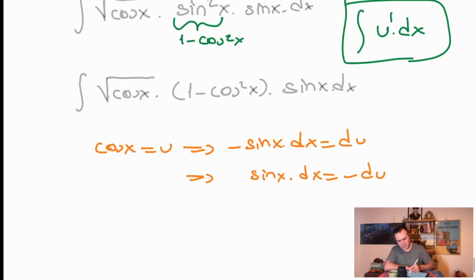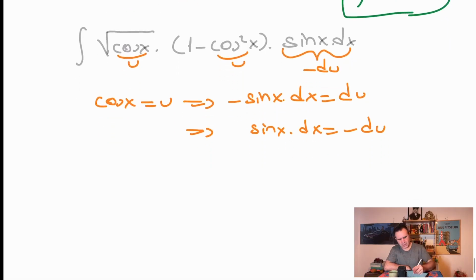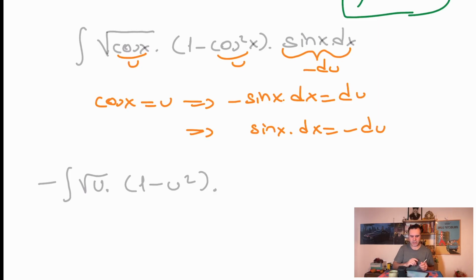Now, we rewrite cosine x as u, and we rewrite sine x dx as minus du. The integral becomes square root of u times 1 minus u squared times minus du. Let me take this minus sign outside of the integral.